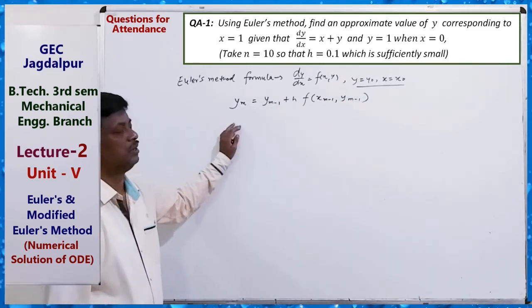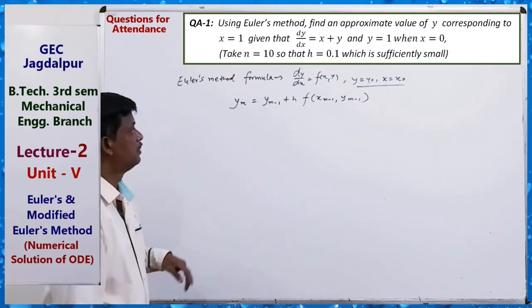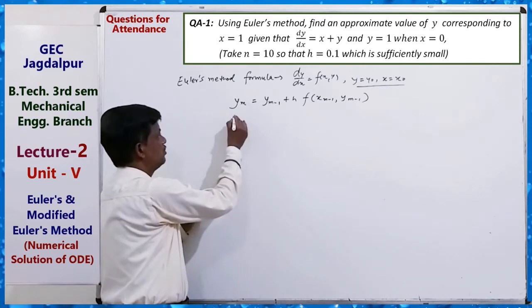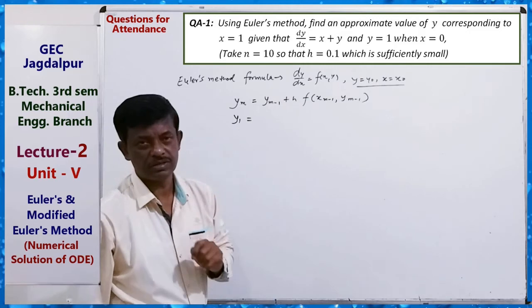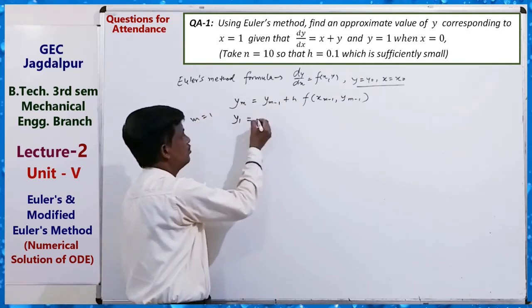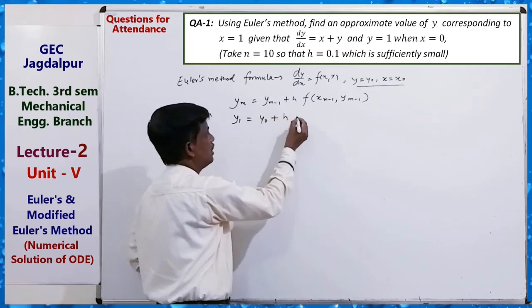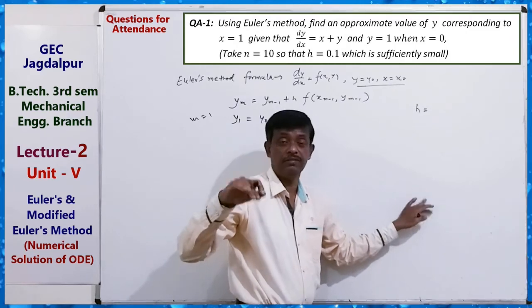Use this formula, just carry over approximation. First approximation for y1, just previous first value is y0, second value y1. Here m equals to 1, then y1 equals to y0 plus h f(x0, y0). H is for finding value, for the required value.